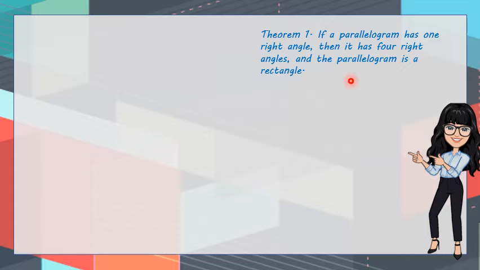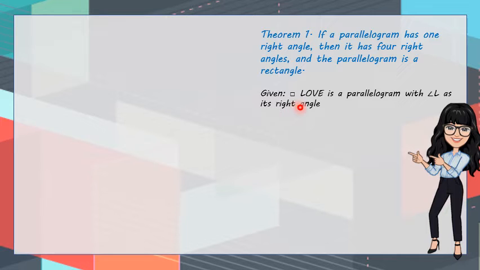So if you are given a parallelogram and that parallelogram has one right angle, you can already say that it has four right angles and that parallelogram is actually a rectangle. So we will be proving here that given only a parallelogram and one right angle, we can already call that parallelogram a rectangle.